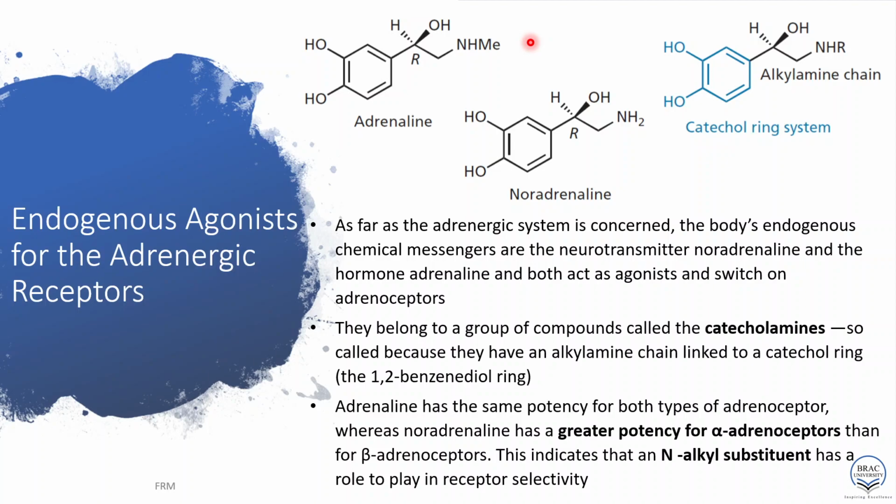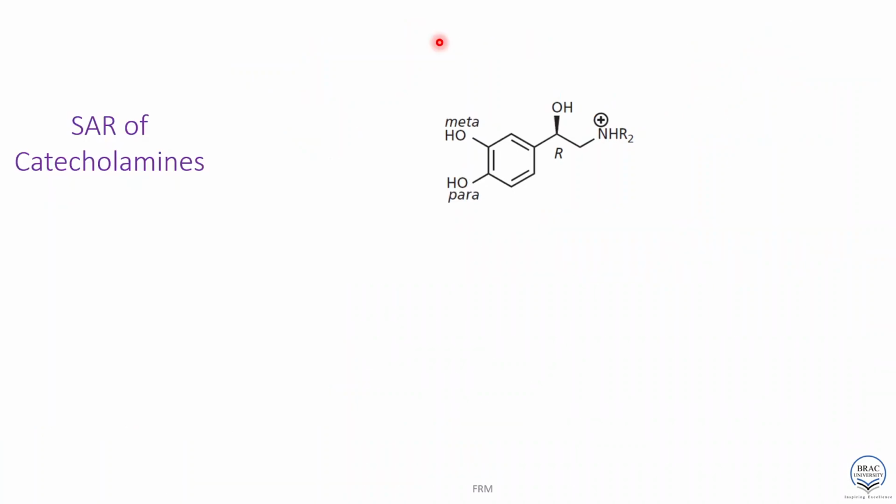So that was important. Now we will be seeing the SAR of catecholamines, the natural agonists of the beta receptor or alpha receptor. So this is the catecholamine structure, the R enantiomer because of this hydroxyl group, and this catechol ring with two phenyl groups, meta and para.